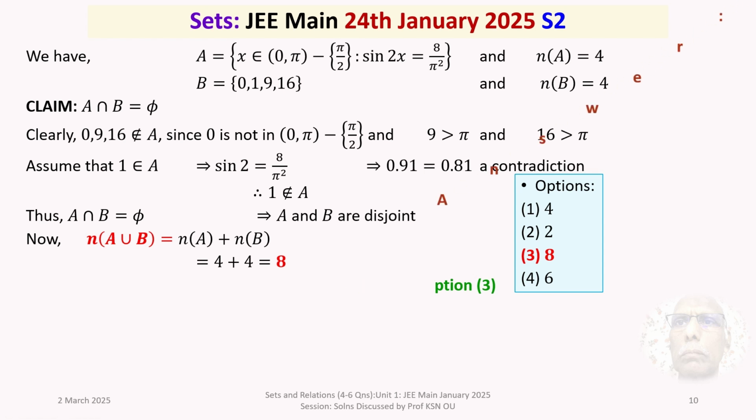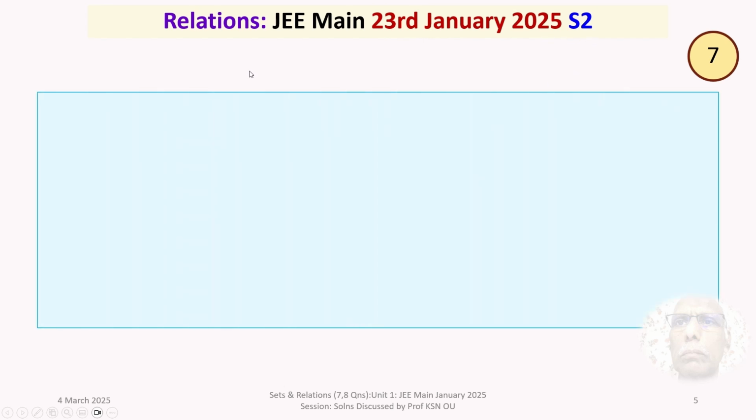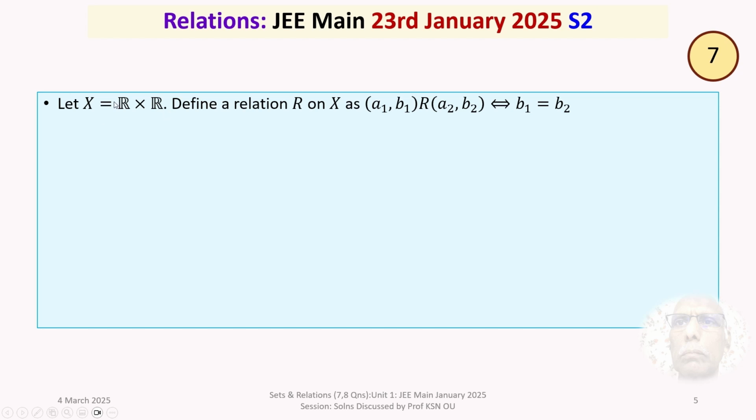So that is the detailed discussion of this question, and this is a good question. This question appeared on 23rd January 2025 in the second shift, and it is related to relations. Let capital X be equal to R cross R, where R is the set of real numbers.